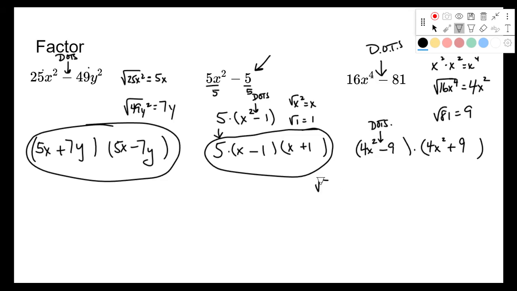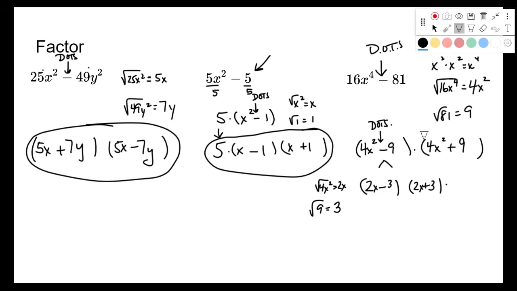If we do that, the square root of 4x squared is 2x. The square root of 9 is 3. So this 4x squared minus 9 now has a set of factors. Lead with 2x. Got to multiply to be negative 9, minus 3, plus 3.